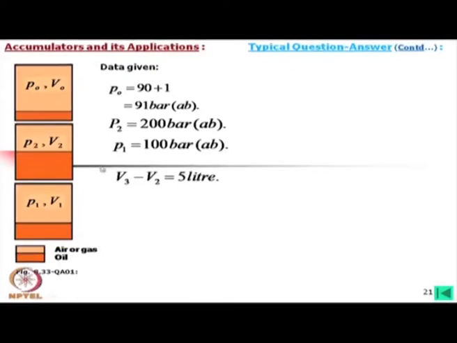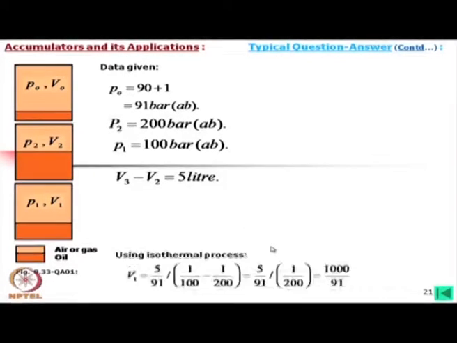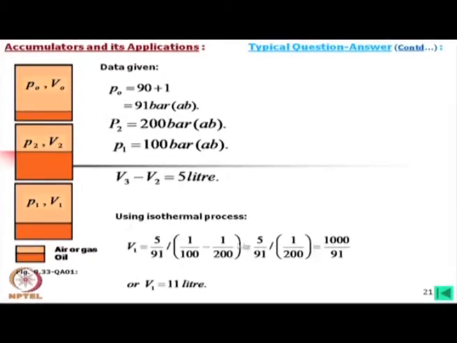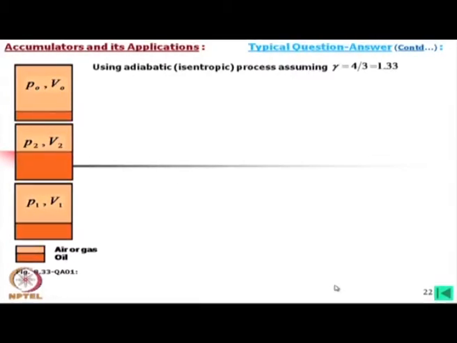Now, volume is there, again this is a mistake, this will be V2 by V2 minus V1, minus V2 is 5 liters. Okay. And then using this calculation, we have V1 equal to 11 liters. That means, in this case V0 will be 11 liters.